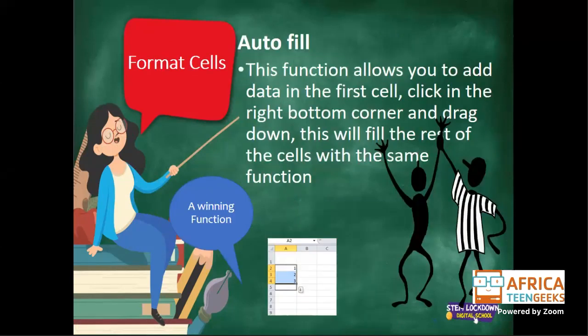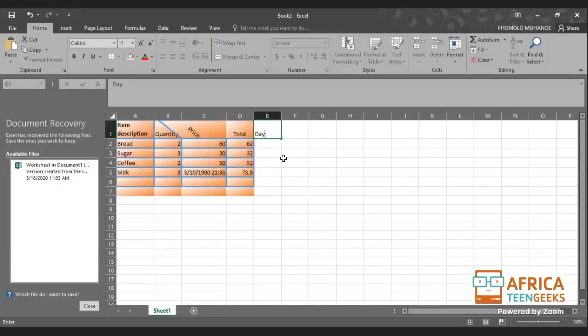So I'm going to show you how to use the autofill feature in Excel. You can write days, which start from Monday up to Sunday. Let me write 1 Monday just to save time.